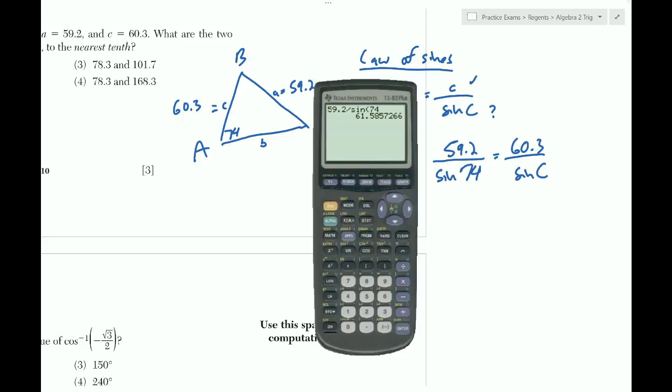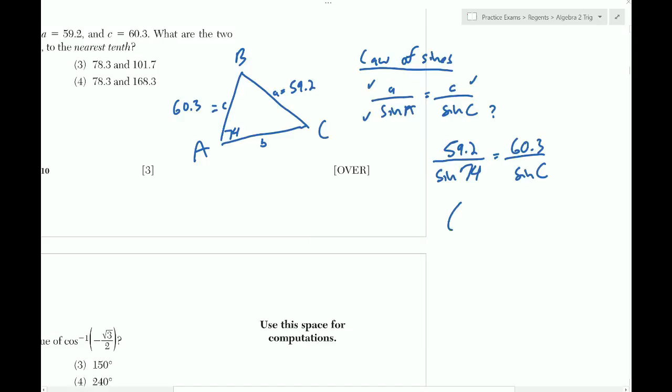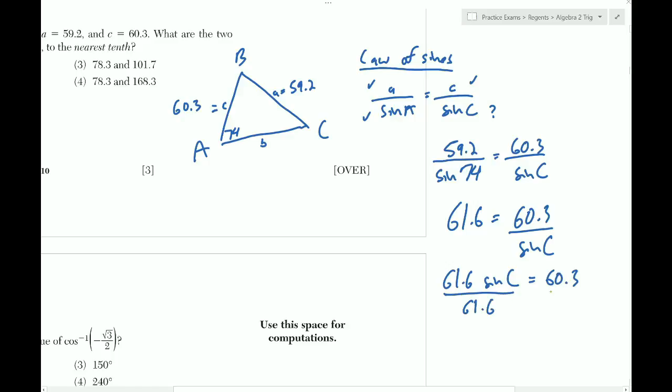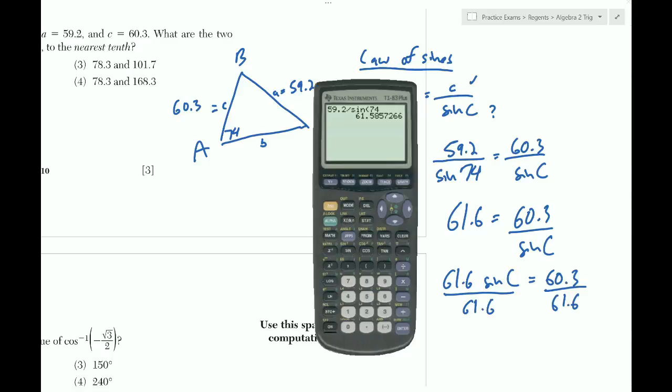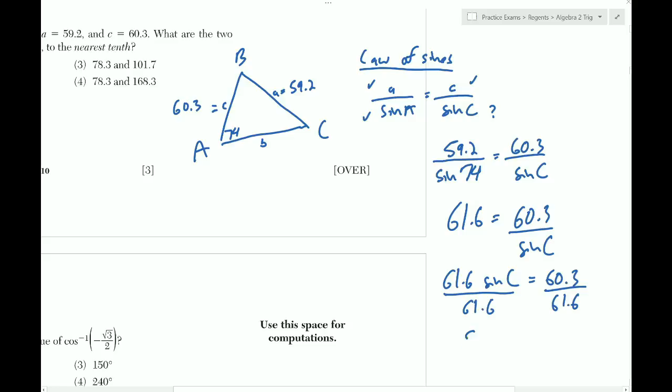Alright, so that's our left side, 61.6 basically. 61.6 equals 60.3 over sine of C. At this point we can cross multiply, so we get 61.6 sine of C is equal to 60.3, and then we'd have to divide by 61.6. So we can just take 60.3 and divide it by our answer. We get this. Now, sine of C would equal 0.979.